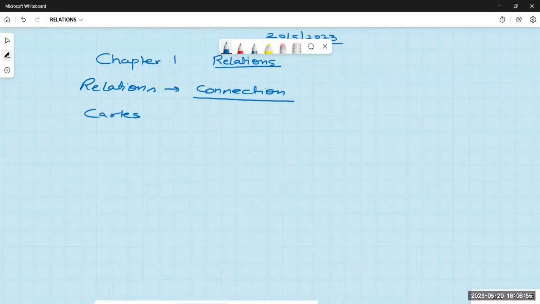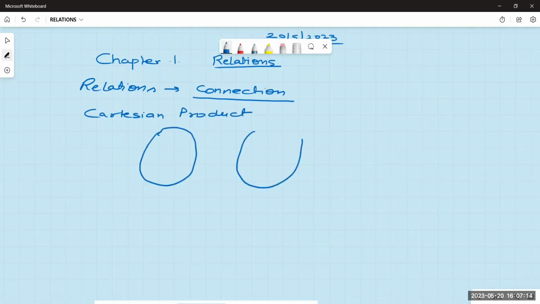What is a Cartesian product? When we do a mapping between two sets, this is one set, this is another set.